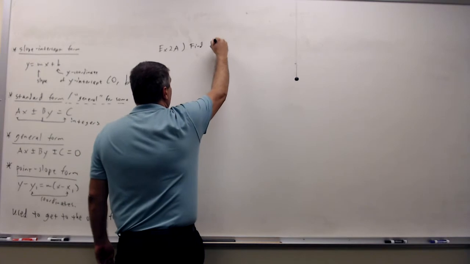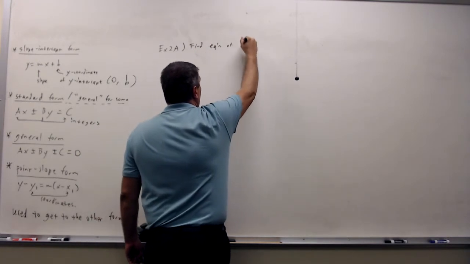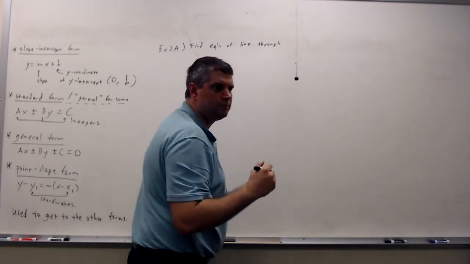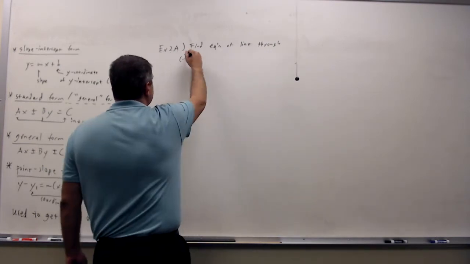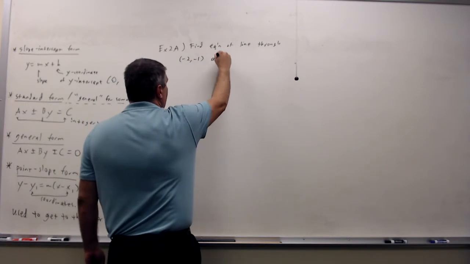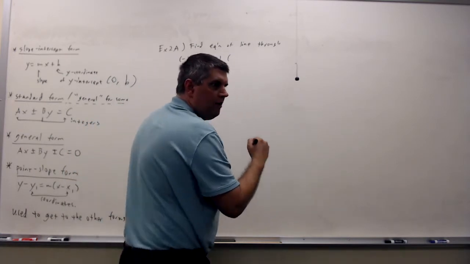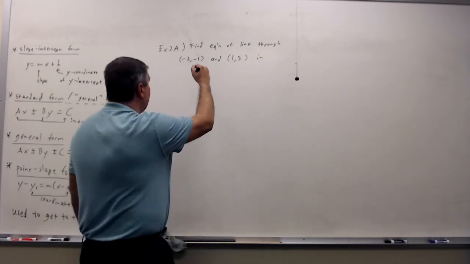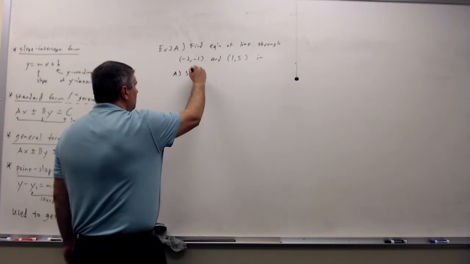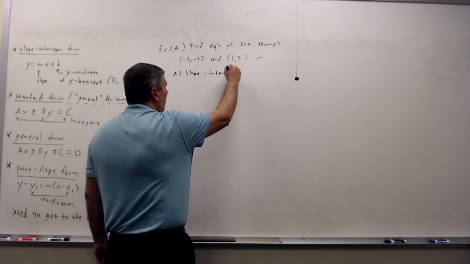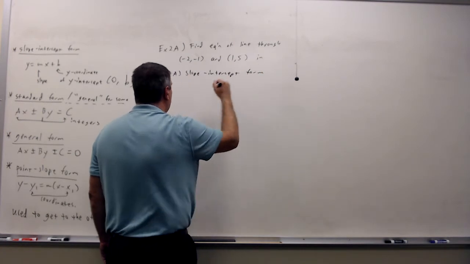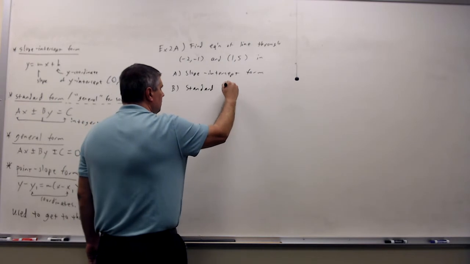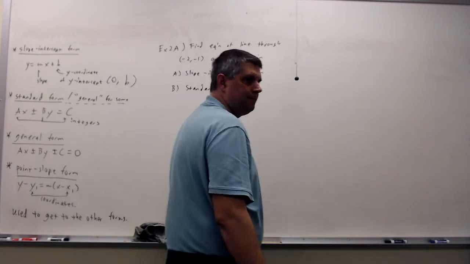Find the equation of the line through (-2, -1) and (1, 5) in A, slope-intercept form, B, standard form.